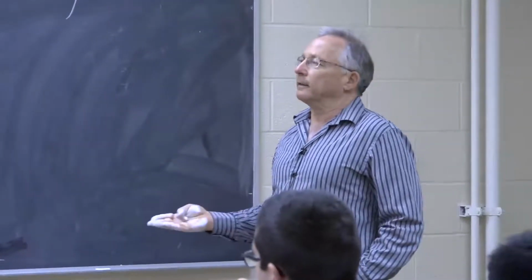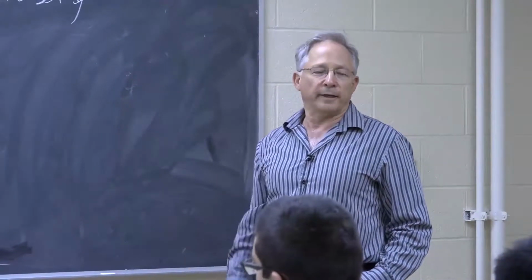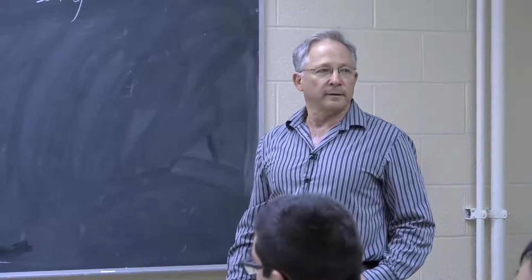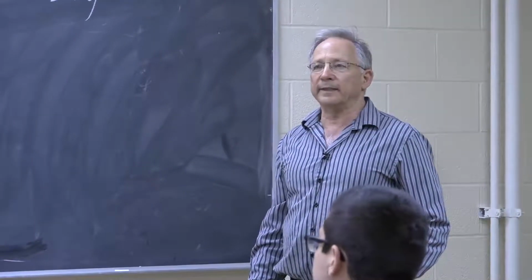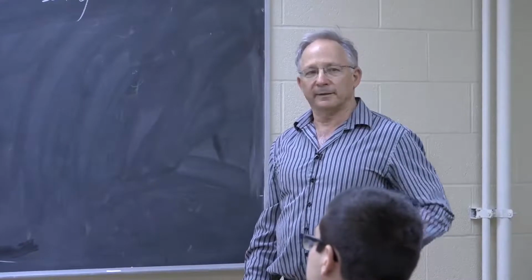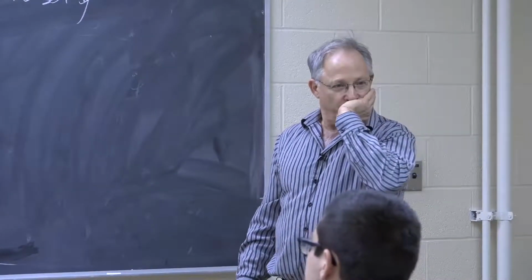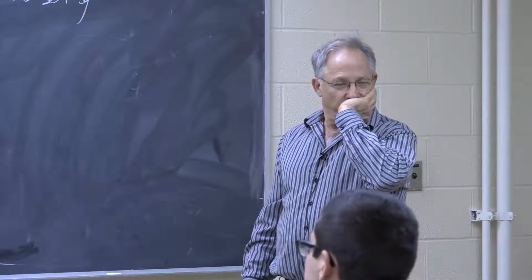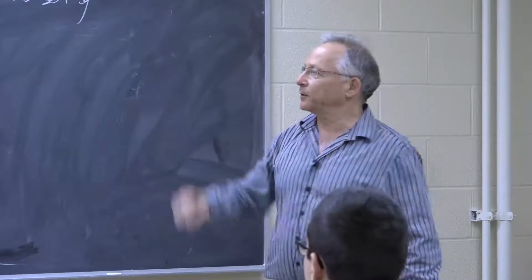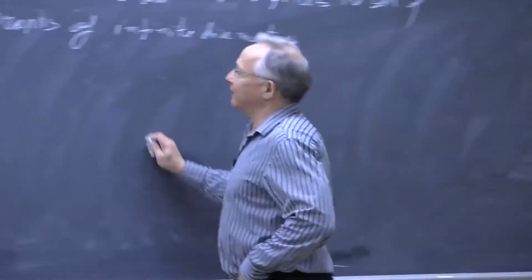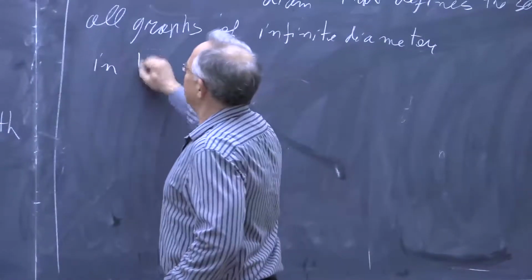That is, the diameter is not finite. So how shall I say the graph has infinite diameter? That graph is not connected. Yeah, but you want to say it in the language. Oh, I didn't tell you the language.